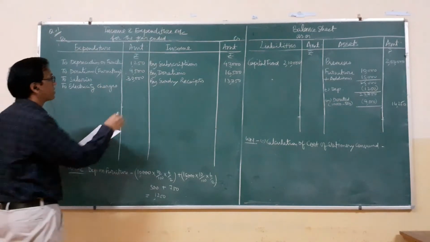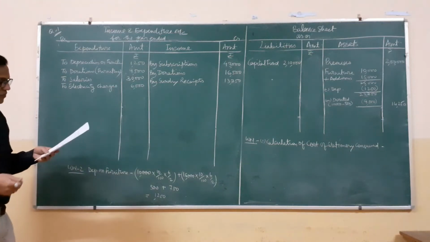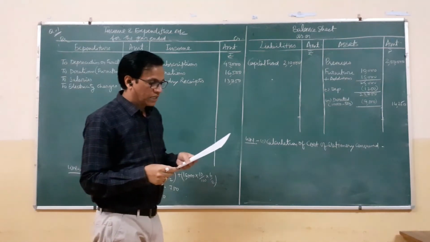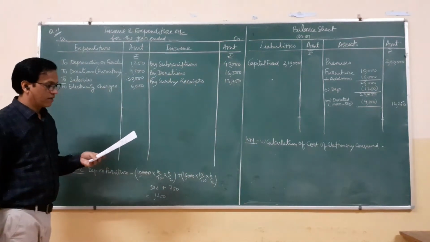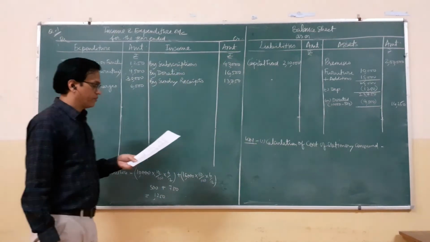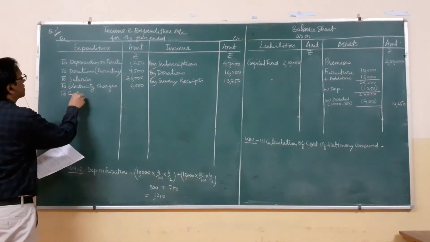This is 6,000. Then furniture, we have already done for it. Creditors for stationery, that we will calculate here. And by general expenses, 10,500. We write it here.